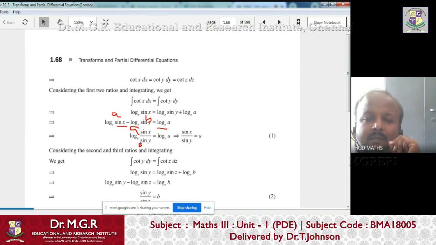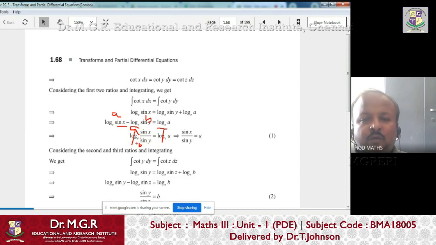Now remember, logarithm is not a number, it is an operator. I explained this during the offline class, day before yesterday, right? What is a log function? Those who attended the offline classes also know, right? So log is an operator operated on a term, sin x by sin y. So when I cancel log, don't think I am cancelling like a number, not like that. If log is applied on sin x by sin y, it is the same as log applied on a.